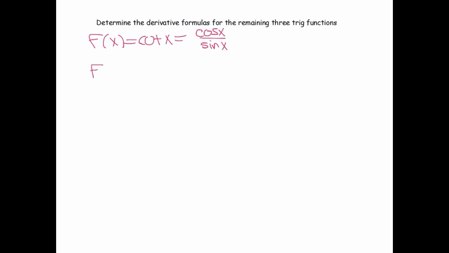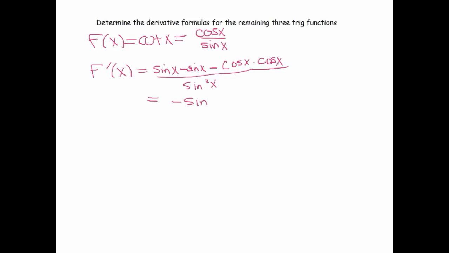Well, that must mean that f prime, according to the quotient rule, is sine squared at the bottom, sine of x times the derivative of the top, which is the derivative of cosine, negative sine of x, minus the top, which is cosine, times the derivative of the bottom, which is the derivative of sine, which is cosine. So this ends up being negative sine squared minus cosine squared, divided by sine squared.